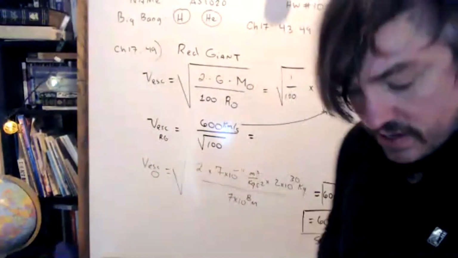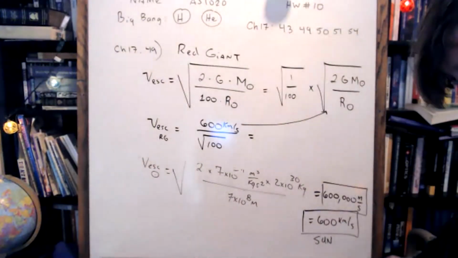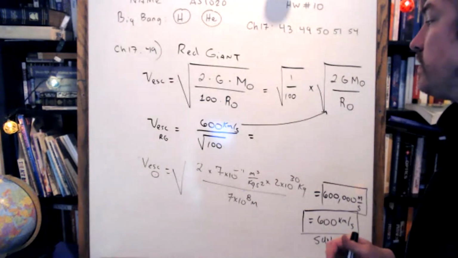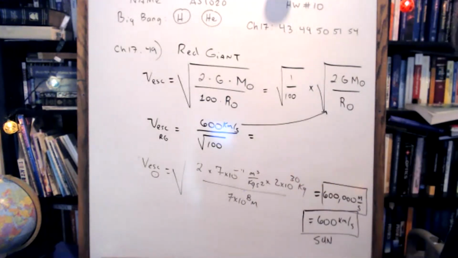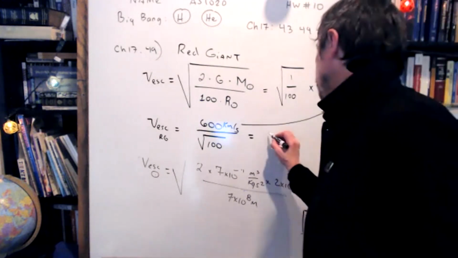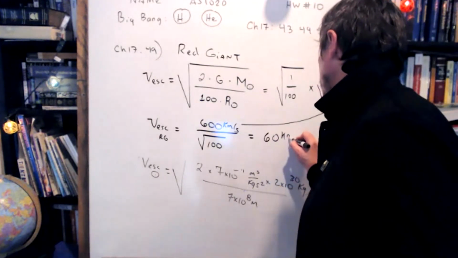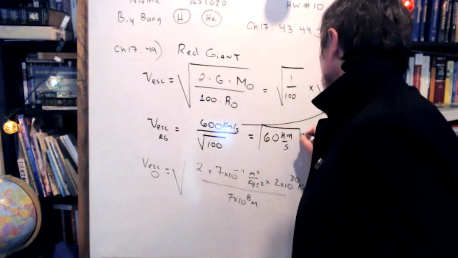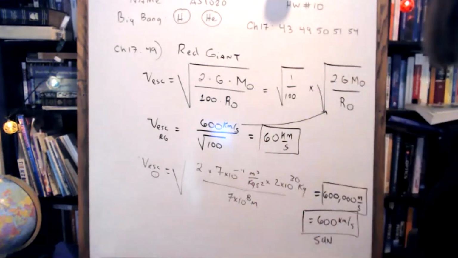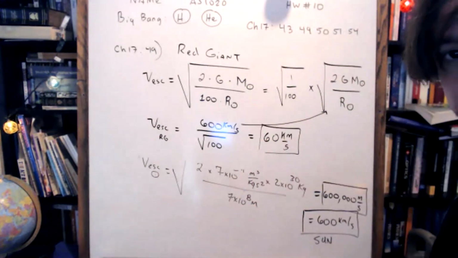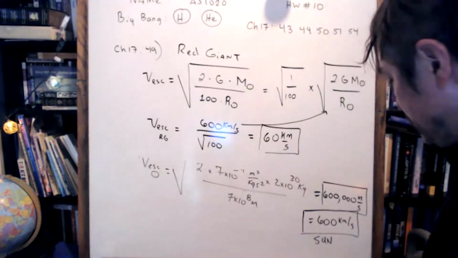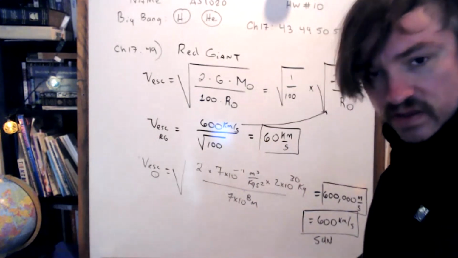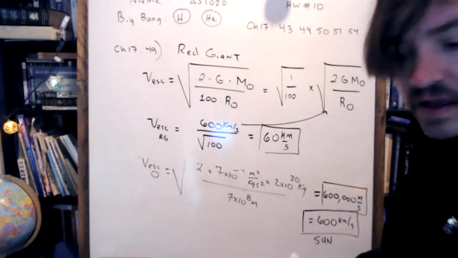What's radical 100? Just 10. So what's my answer then? 60 kilometers per second. Wow. It's 10 times easier to escape a red giant than it is a main sequence star.